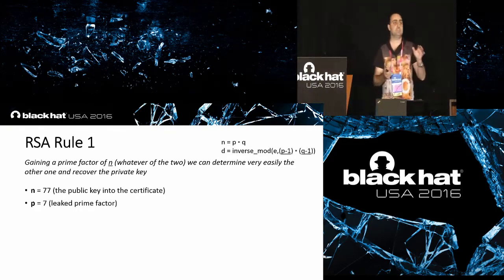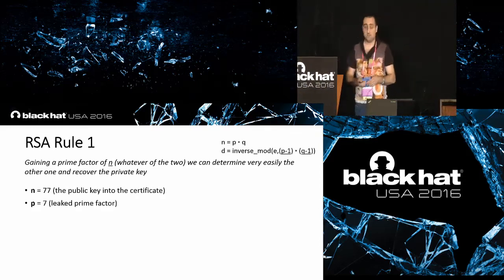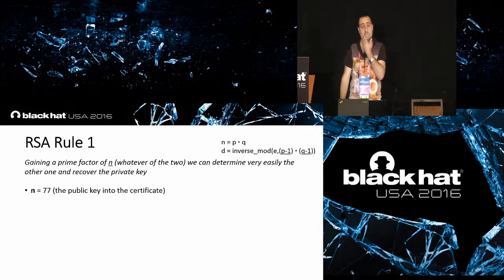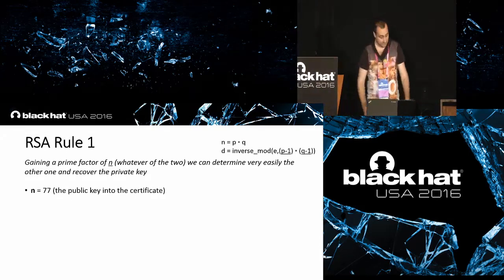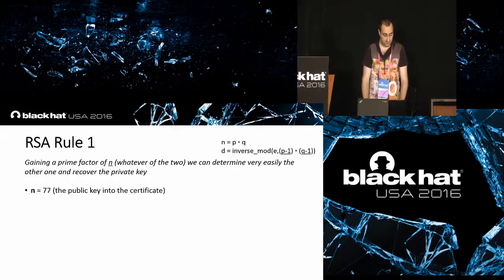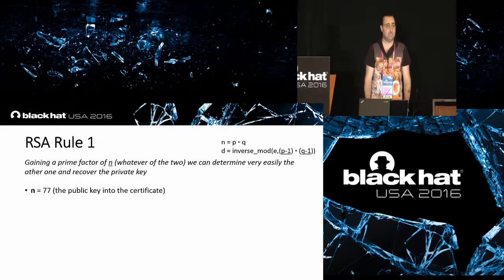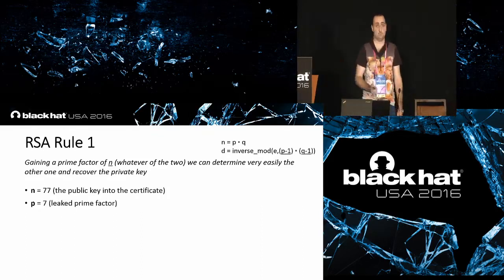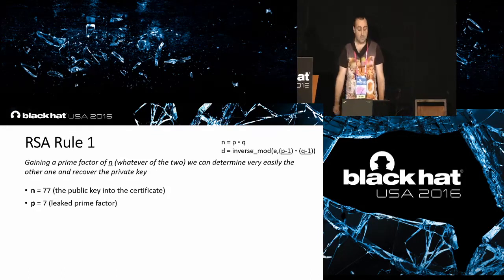To understand this concept, just reason on a small number. For example, let's assume that the value of N inside the certificate is 77, and for some reason, the attacker was able to derive one of the prime factors of N, and assume that, in this case, P is equal to 7.